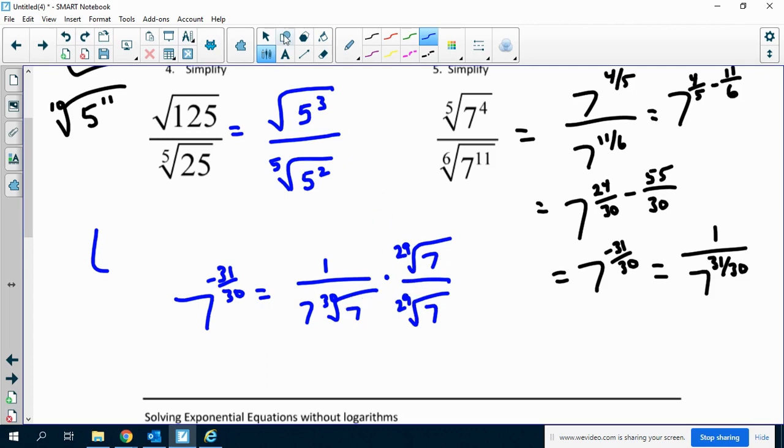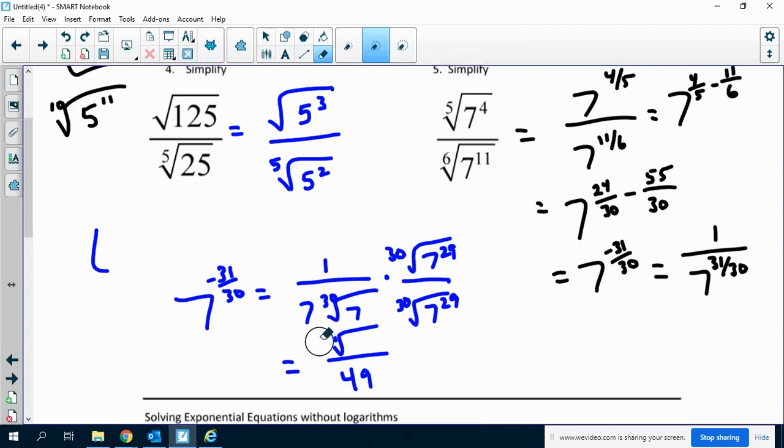So I need this to be a 30th root of something, and I need 29 copies of 7 on the inside, because if I have 30 copies of 7 on the inside of a 30th root, that ends up being a regular 7. So the denominator is going to end up being 49, and the numerator is going to end up being the 30th root of 7 to the 29.